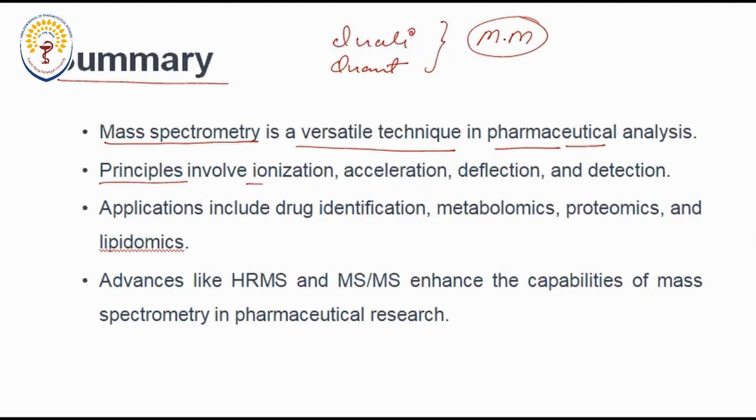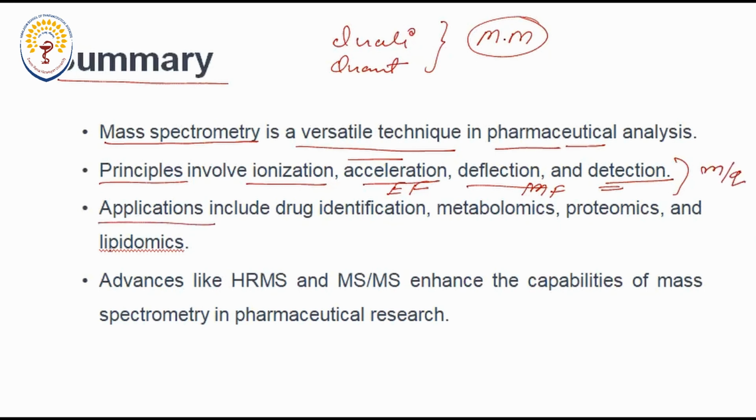The principles involve ionization, acceleration, deflection, and detection. The molecule is first ionized, then accelerated through an electric field, then deflected using a magnetic field, and then detected by mass to charge ratio.